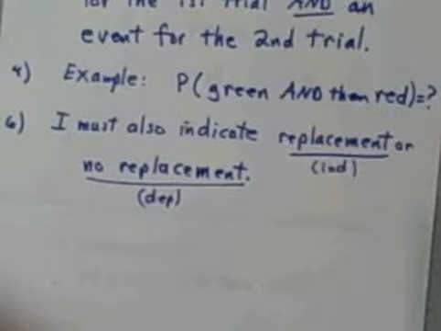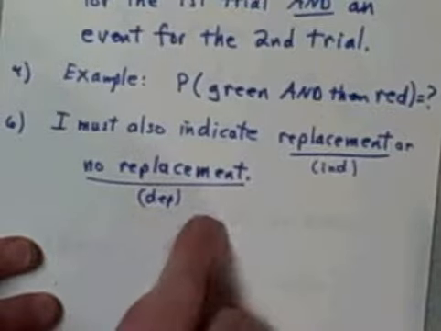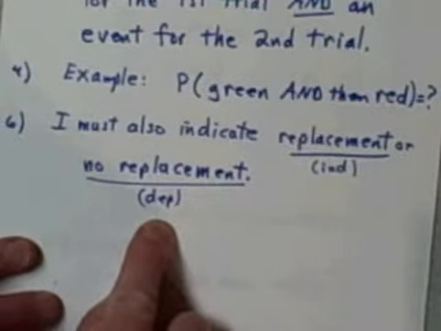The probabilities of one trial have absolutely no effect on any subsequent trials. If I specify that I'm going to pull these out with no replacement, not put it back in the bag, then the trials become dependent upon each other. That is, the probabilities of a trial are going to depend upon what happened in previous trials. So they are dependent. So replacement gives me independent trials. No replacement gives me dependent trials. Okay?